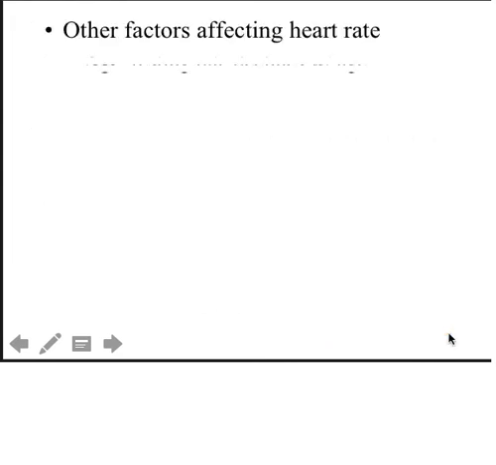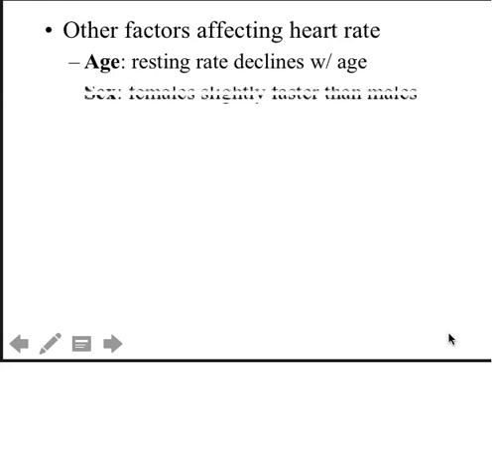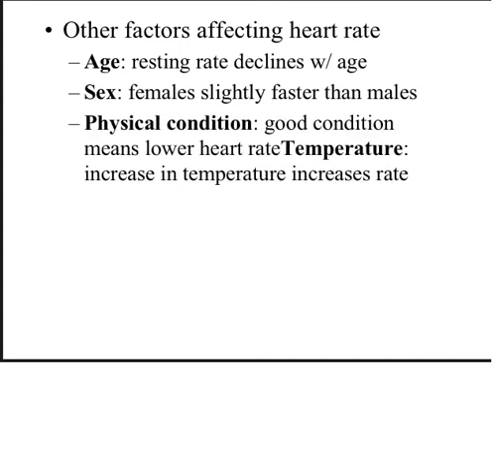Other factors that affect the heart rate include age. The resting rate drops the older we get, and sex. Females have a slightly faster heart rate than males do, and of course physical condition. The better physical condition you're in, the lower and slower your heart rate is going to be. Temperature is also going to play a major role in regulating the heart rate.